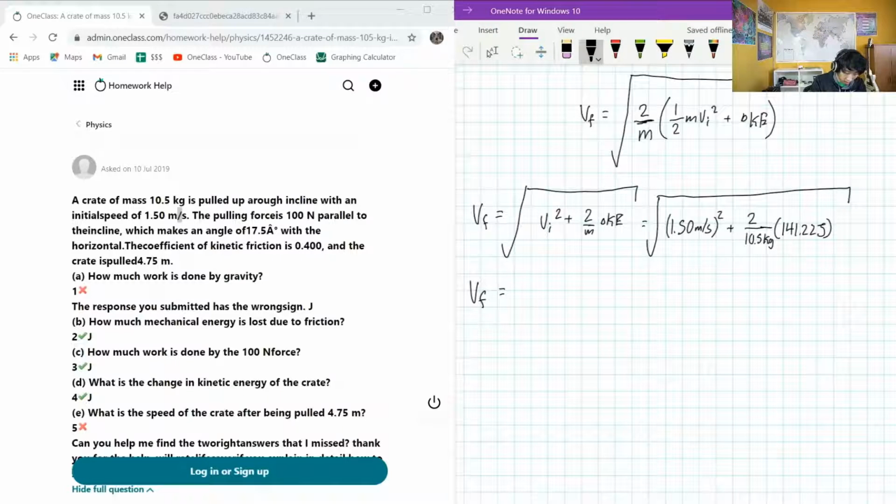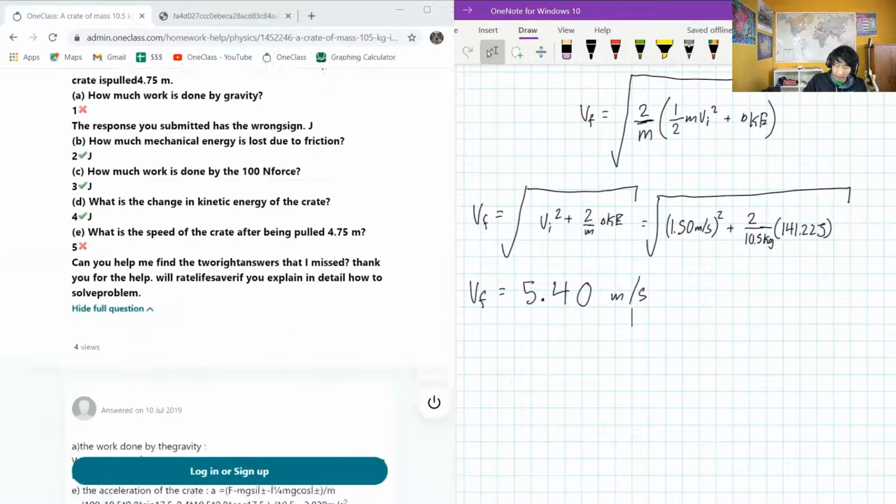Putting that all under the root. And my final velocity calculation is 5.40 meters per second. Yeah, seems reasonable. Exactly, so 5.4 meters per second. This will be our final velocity after all of these forces.